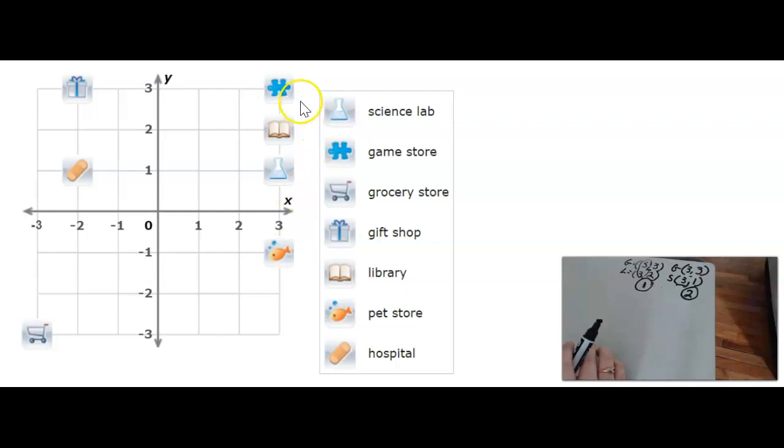So let's compare the game store again, but this time to our pet store coordinates. Our game store coordinates are 3, 3, and for our pet store coordinates, I go 3 across, and then I have to go 1 down, so that's actually -1. This is where it gets a little bit tricky, because we know that we would subtract our y coordinates.